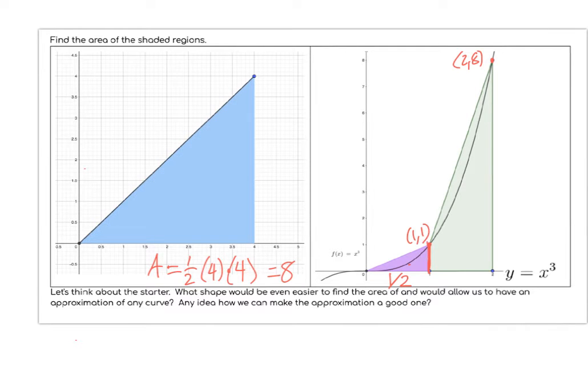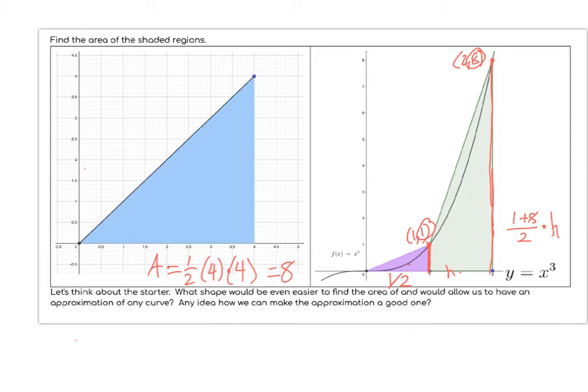Here we've got a base, and here we've got a second base, and that makes this the height, which is kind of weird. For a trapezoid, we find the average of the 2 heights. So 1 plus 8 is 9, divide that by 2 and multiply that by the height.